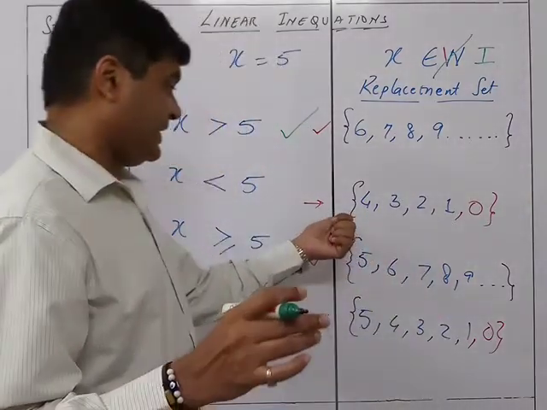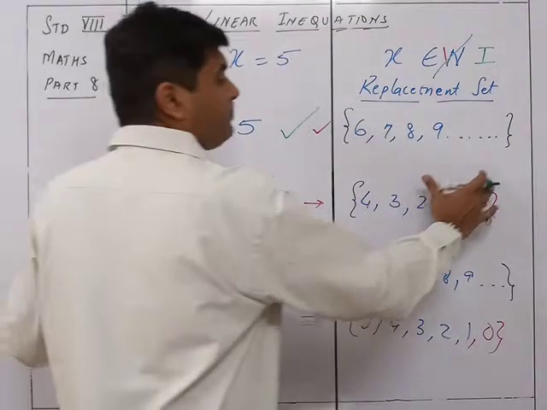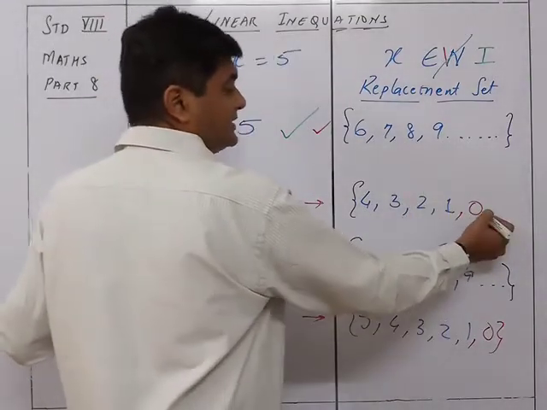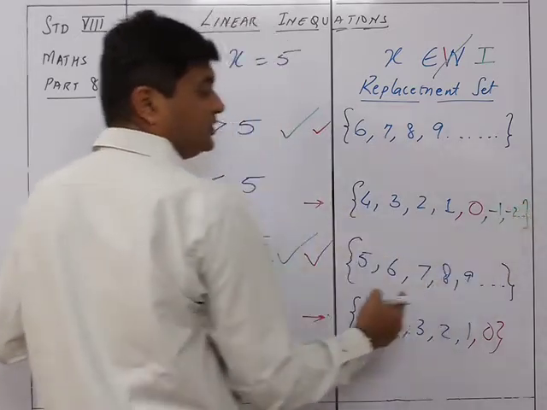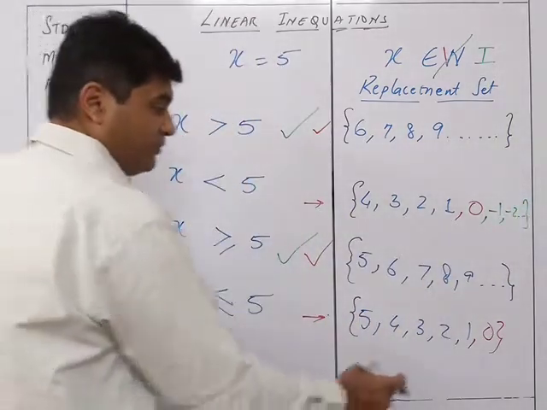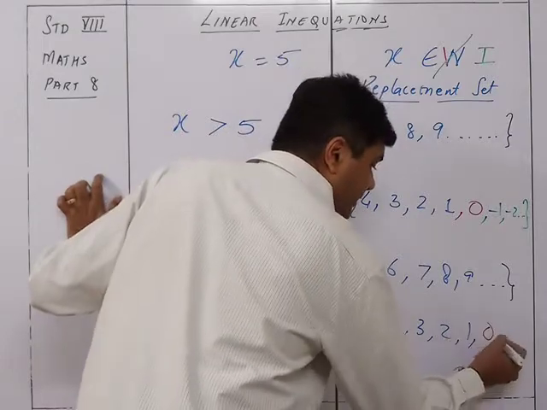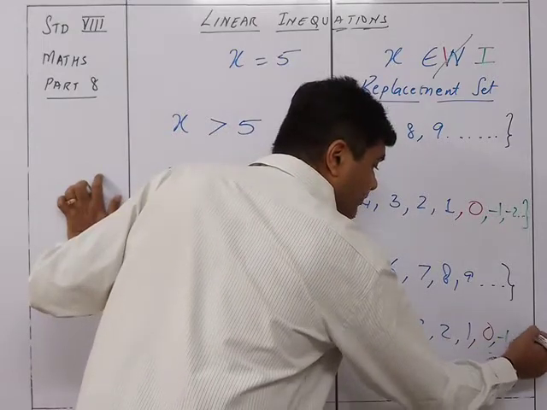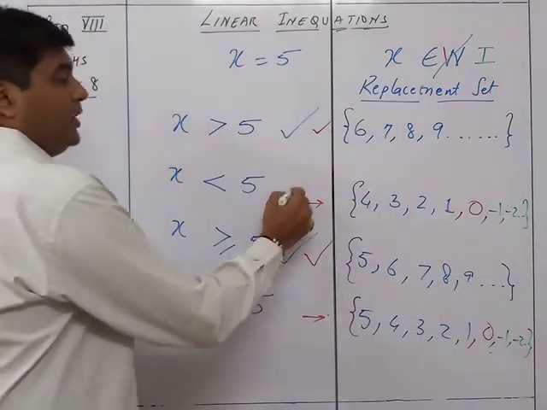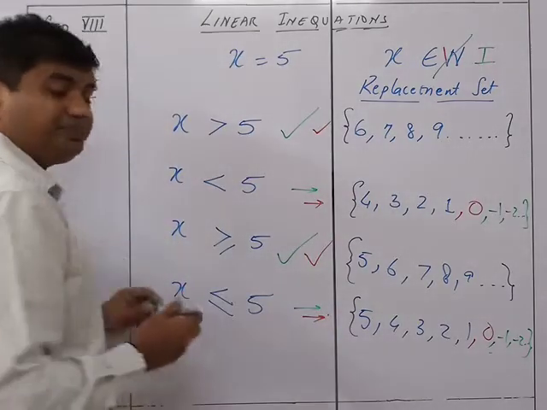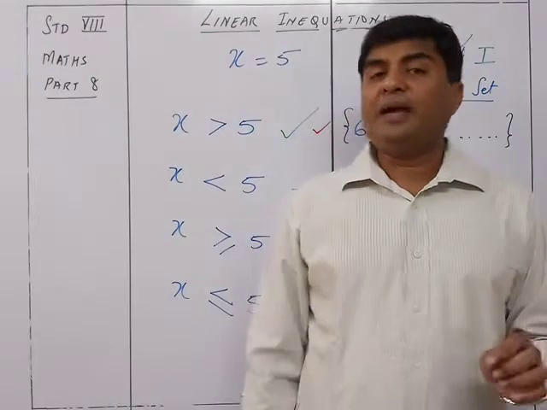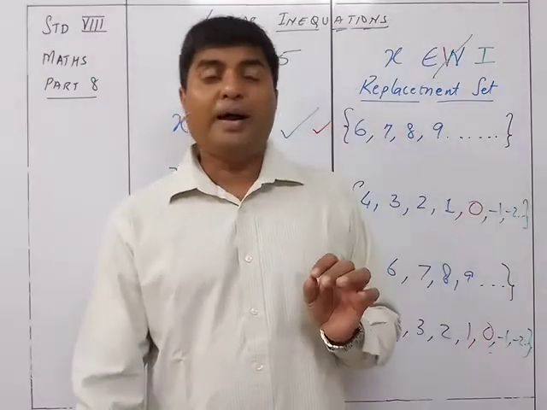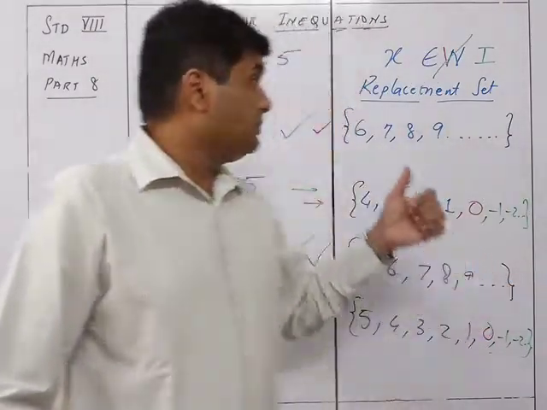But in this case, instead of ending at 0, it will go on to minus 1, minus 2 and so on. So this will be till minus infinity. Same way over here, this will be minus 1, minus 2 and on to minus infinity. So this way there will be a change in the replacement set depending upon what my x belongs to.